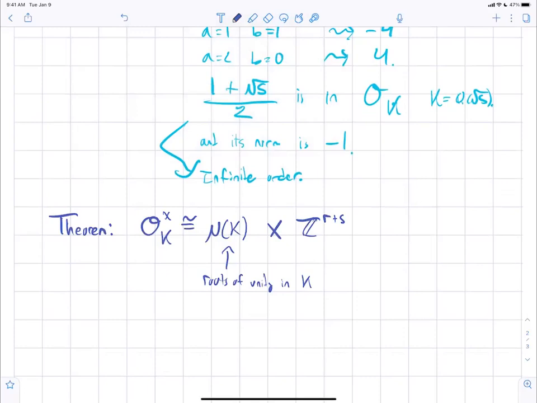So here r is the number of real embeddings of K, and s is the number of complex embeddings.